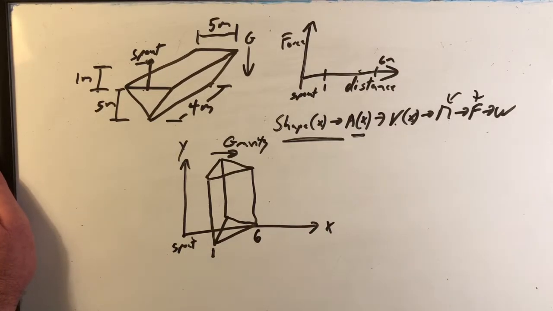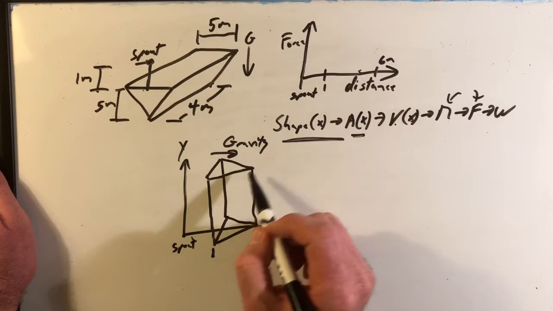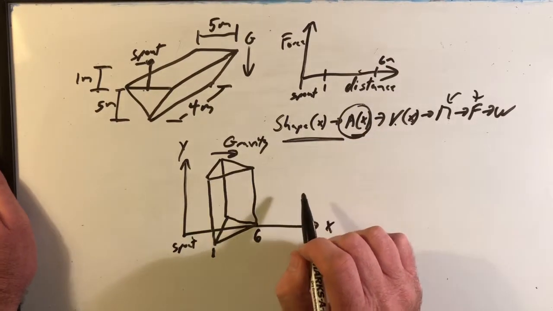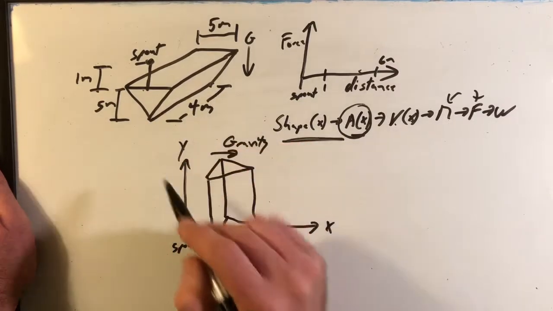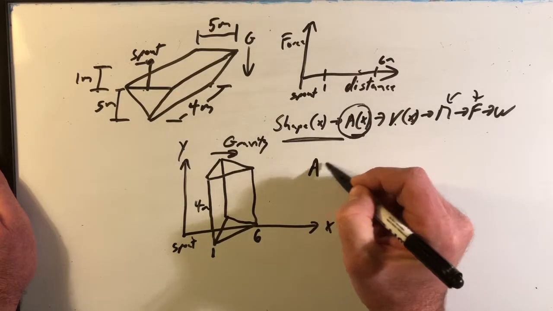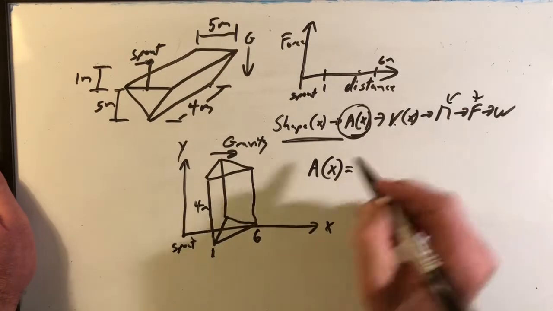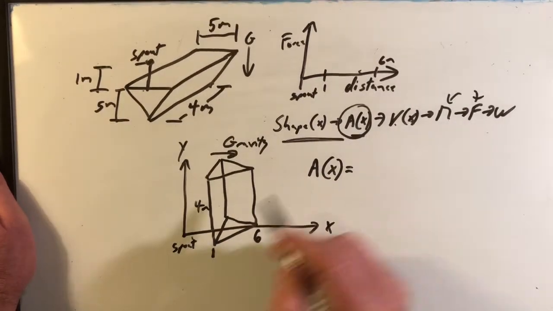Okay, so we just need to figure out now. Because this is a weird shape, I think we want to go directly to what your area is as a function of x. So we know that the height of this is 4 meters. I'm going to say area as a function of x. My area is always going to be a rectangle, right?